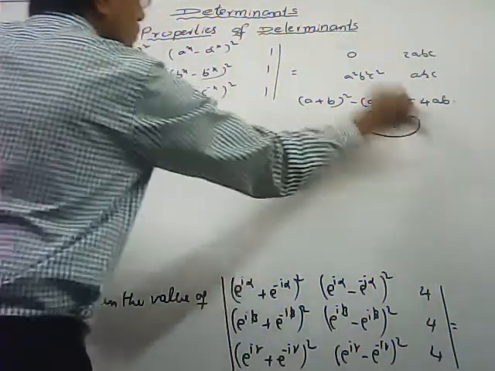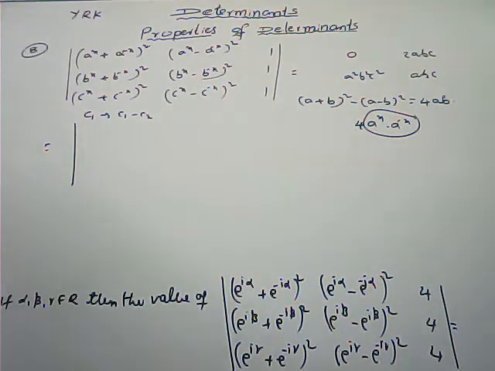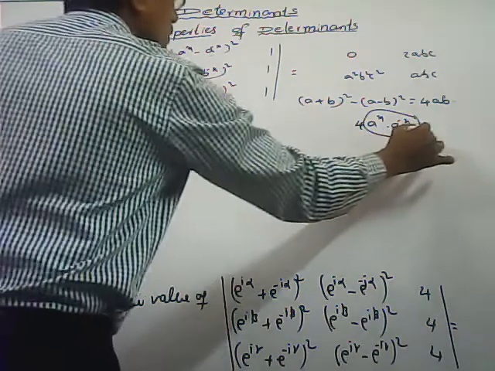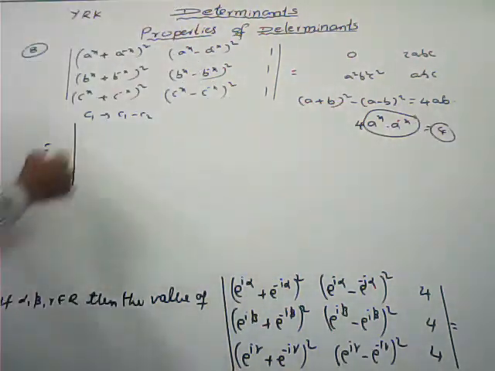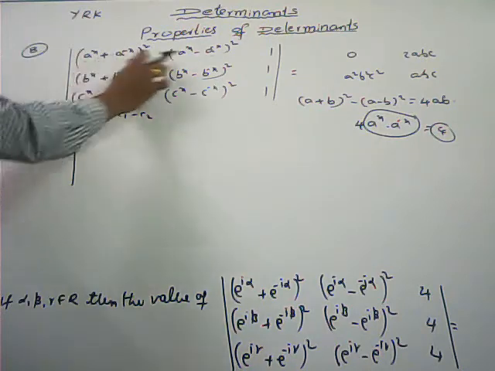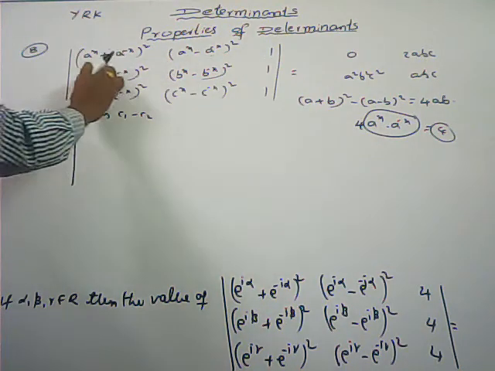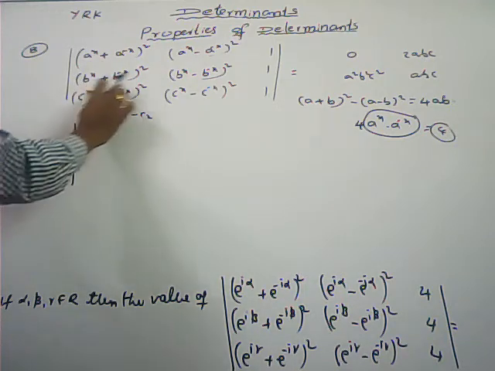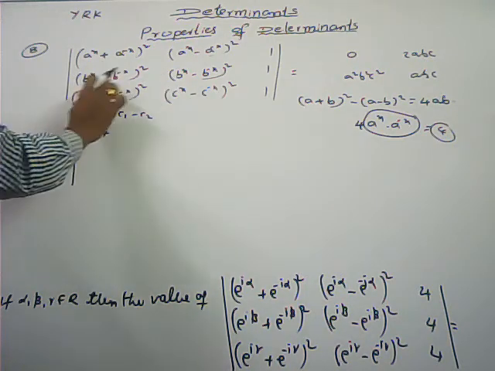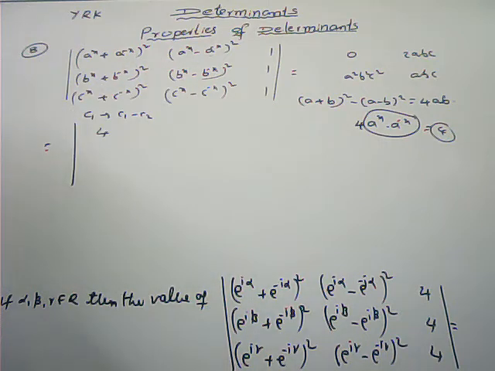What is the value of this one? A power x minus x is a power 0, that is 1, so 1 into 4, 4 we can get. So here I can write C1 minus C2 directly. By simplifying we are getting 4. Here also C1 minus C2, b plus a whole square minus a minus b whole square, we can get 4 into b power x into b power minus x.